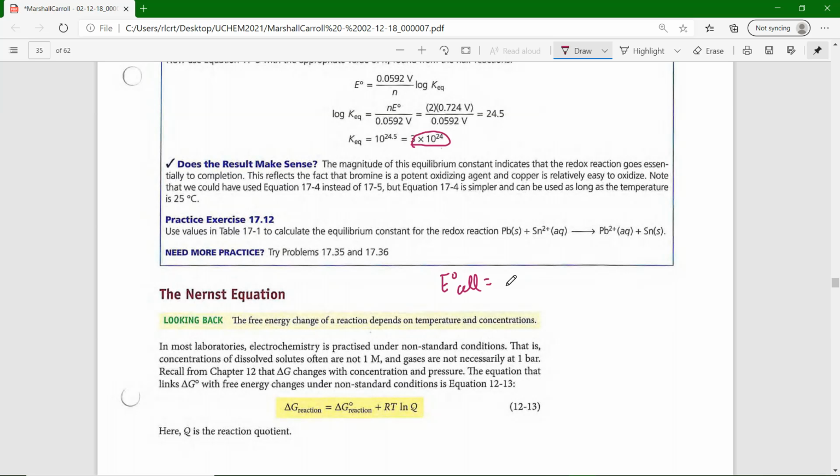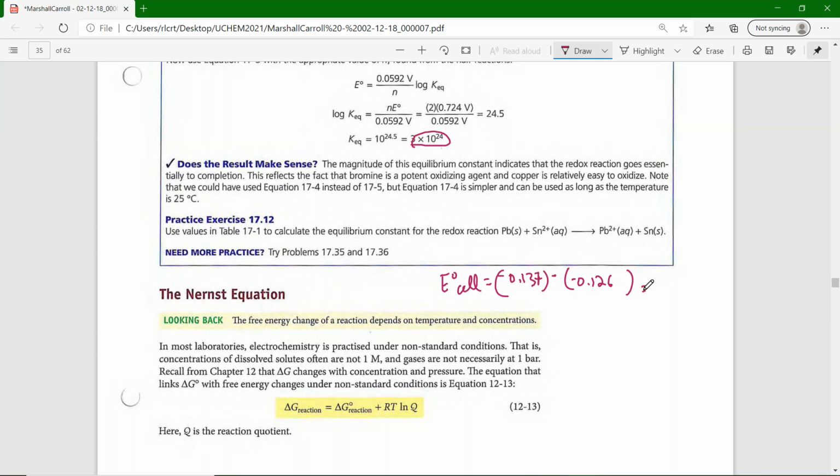So E naught of cell is minus 0.137 minus, you're demanding that the lead is oxidized, so minus 0.126. See, it doesn't want to go this way.